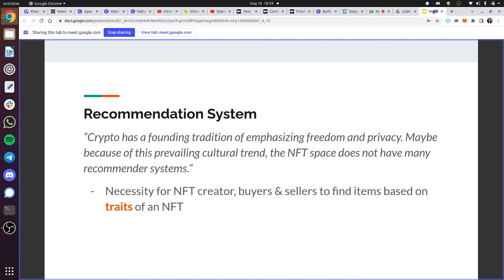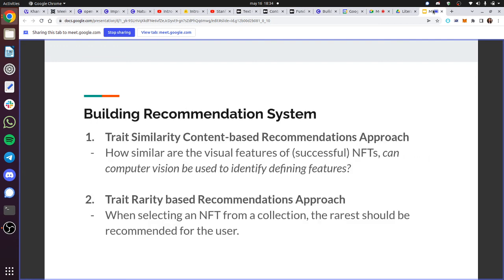So we try to fix that or help with the improvement, and we focus also on the traits of an NFT. So on the next slide we have two different approaches. First, the trait similarity content-based recommendation approach. So there, the authors also looked at how similar the visual features of an NFT are, and for us the question would be, can we identify defining features for a successful NFT, for example a good price, with computer vision.